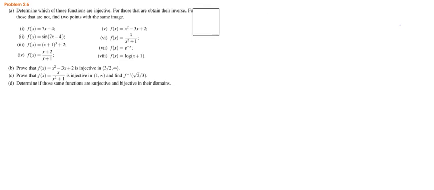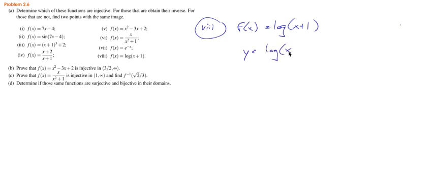Finally, f of x is the logarithm of x plus 1. So y is the logarithm of x plus 1, and we exponentiate both sides, so e to the y is e to the logarithm, so we have x plus 1, and then we subtract 1, and this is the result.